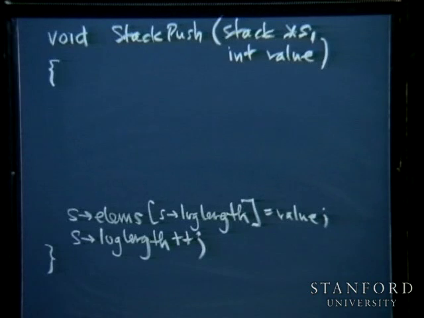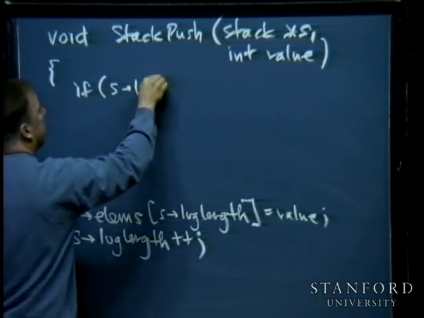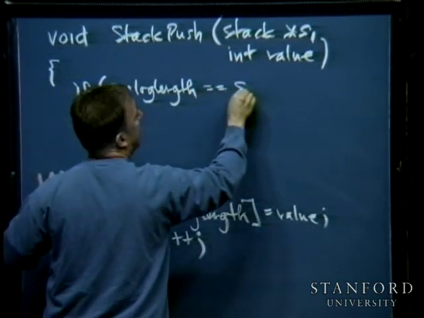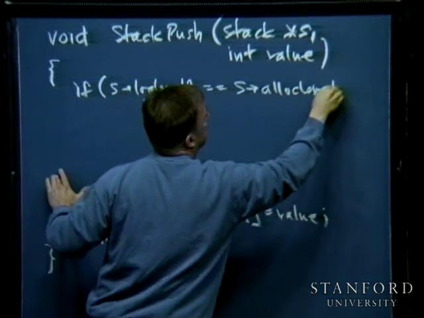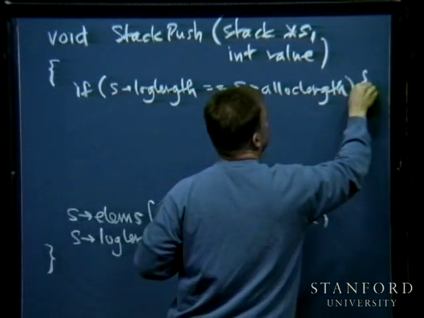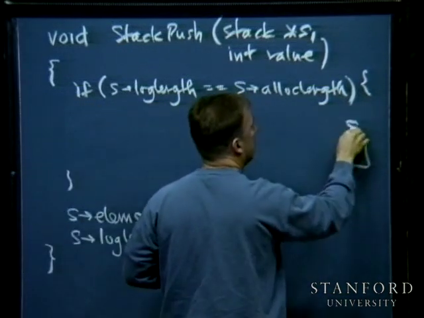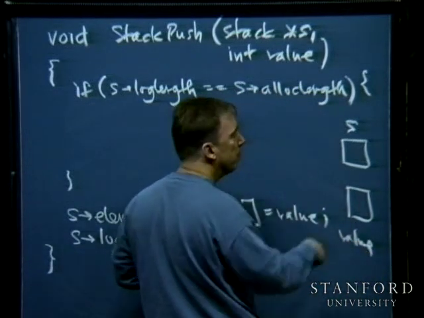Okay? If it is the case that S arrow log length double equals S arrow alloc length, then as an implementation you're unhappy because you're dealing with a stack and a value where the value has no home in the stack at the moment.